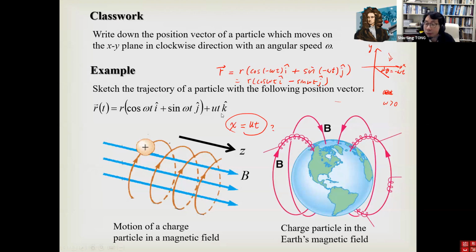So this term means you now add the whole thing to a uniform motion in the z direction. Now, these two terms are a circular motion on the xy plane. Now you add the motion in the z direction. So that turns a circle into a helix. Is that right? Okay.